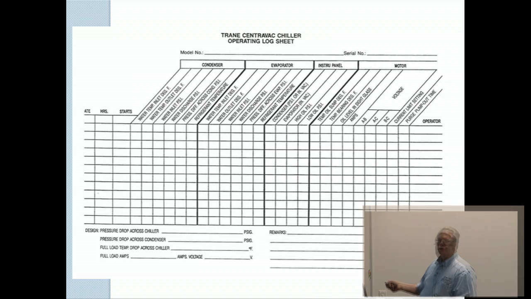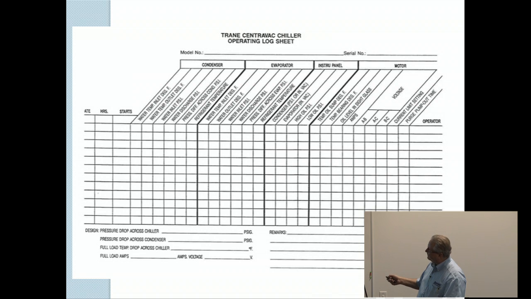Again, each chiller may be customized. Then the motor, your oil sump temperatures, bearing temperatures if you can get them, oil levels and sight glasses. You want to write down your amp draw and your voltages for each phase. Some chillers have current limiting where you can dial it in to limit it to 70% of capacity, and you want to make a note of that for your own reference.